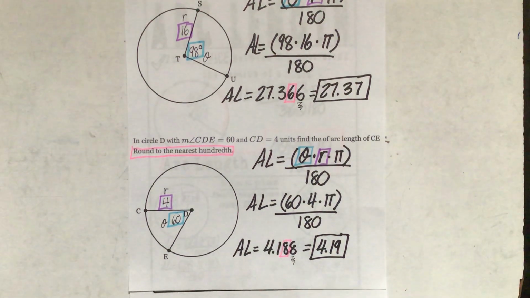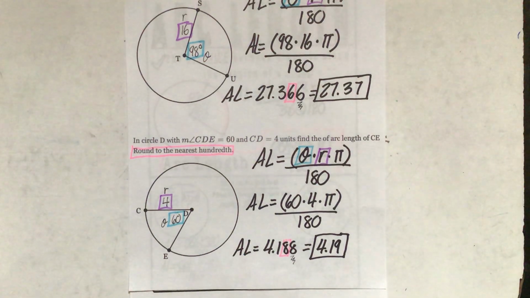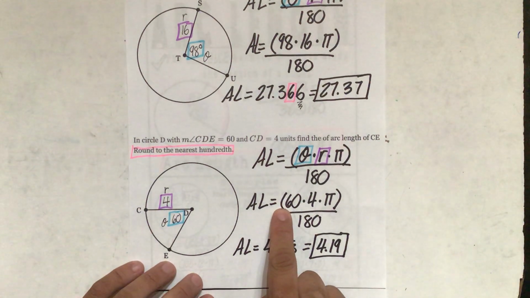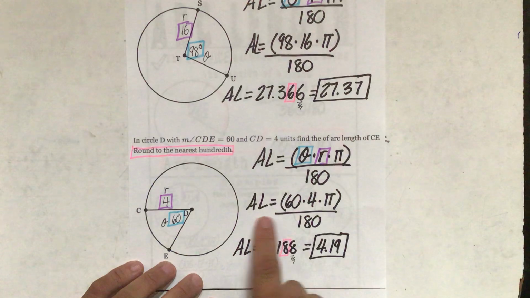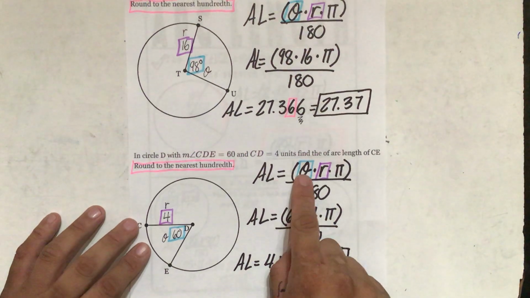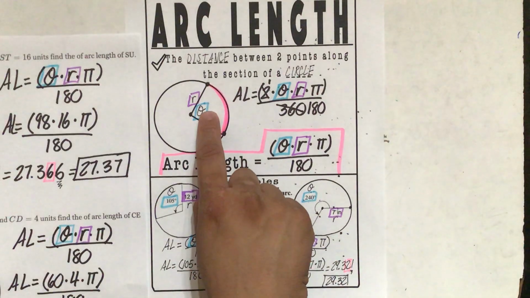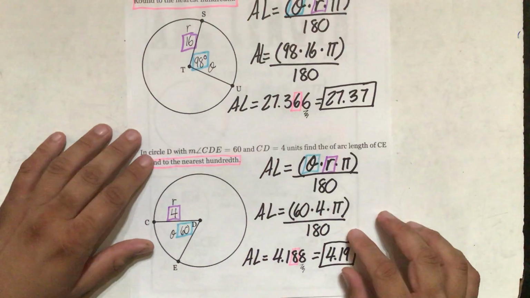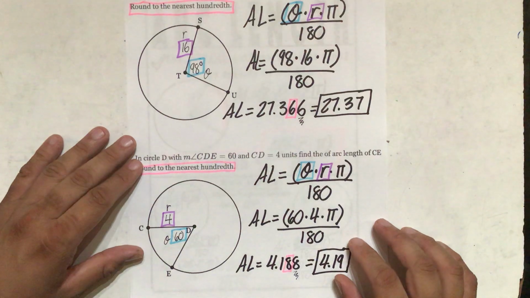You always have to put parentheses in the beginning, parentheses at the end, and then divide by 180. Your key points are theta and R. Theta and R are the 2 key pieces of information that you need.